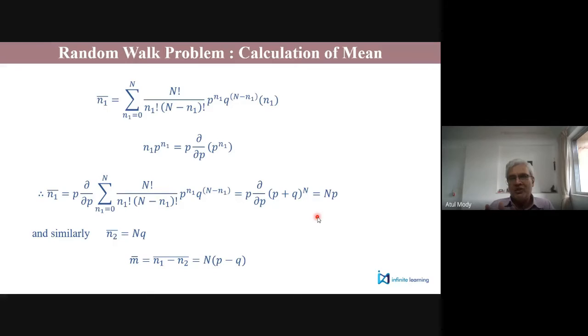The net displacement would be 0. But if P was 0.7 and Q was 0.3, the difference is 0.4. So 40% of the total number of steps would be his forward advancement. So if I take 20 steps, he would have moved 14 steps forward, 6 steps backward. The resultant is 8 steps net displacement in forward direction.